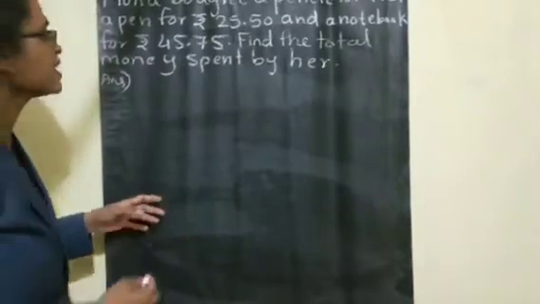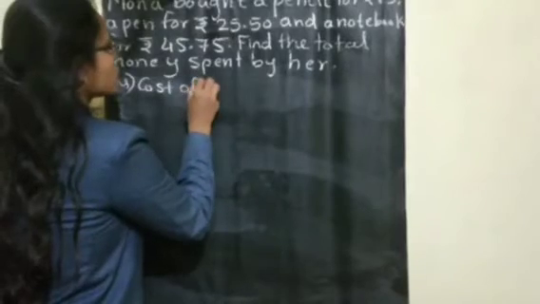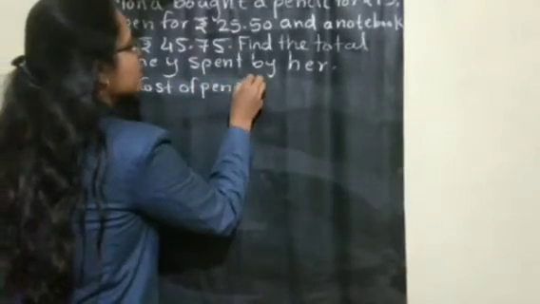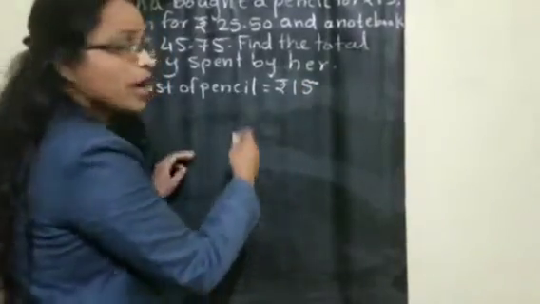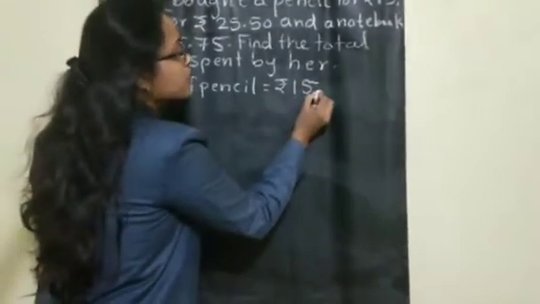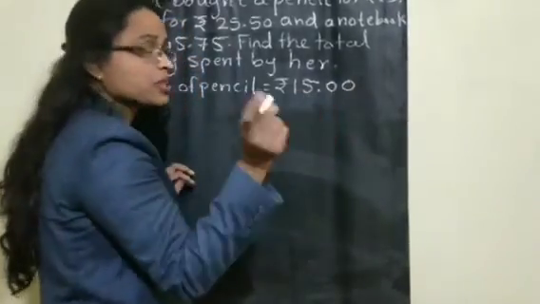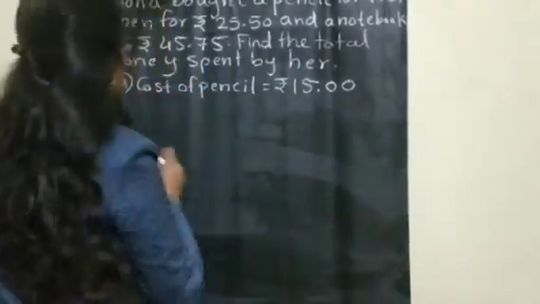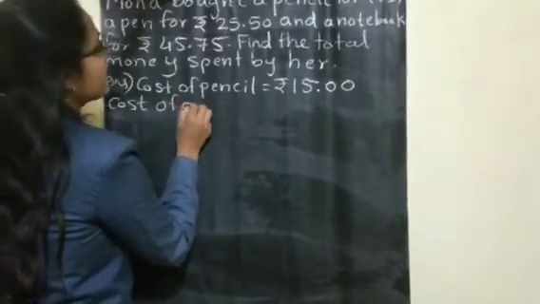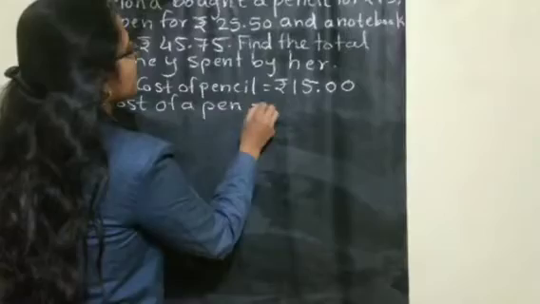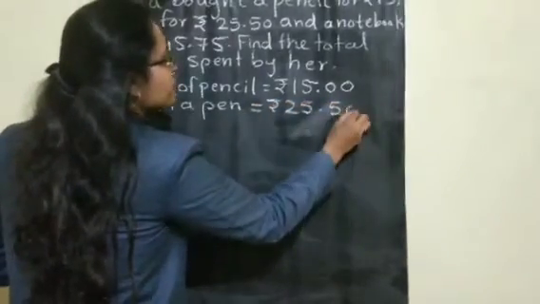So let us first write the given part. Cost of pencil, children. Cost of pencil is equal to rupees 15. I told you to arrange properly, it will help you. Please write dot and 00 paise. Paise is not given but you have to write 00 here. Then cost of a pen, children, rupees 25.50.